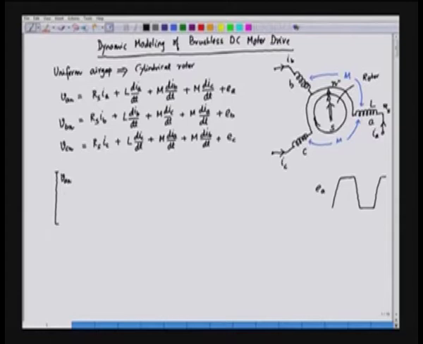So, VAN, VBN and VCN is a column vector, that is equal to, we have the resistance matrix, that is RS 0 and 0, it is a diagonal matrix, 0 RS and 0, 0 0 and RS.